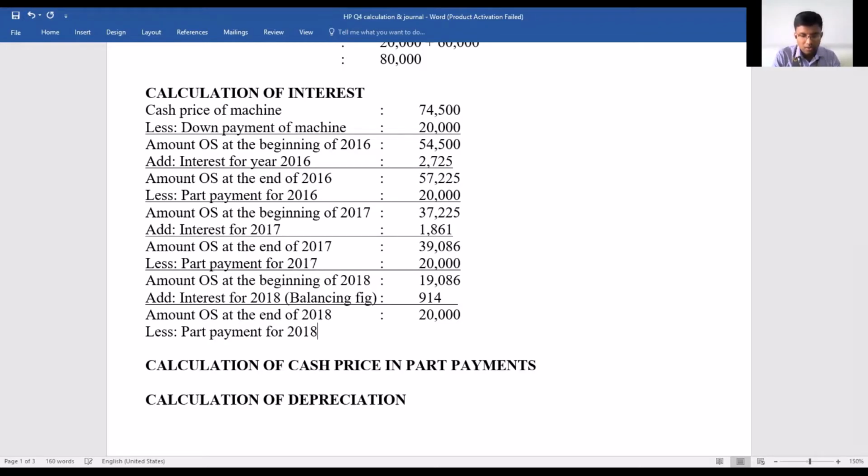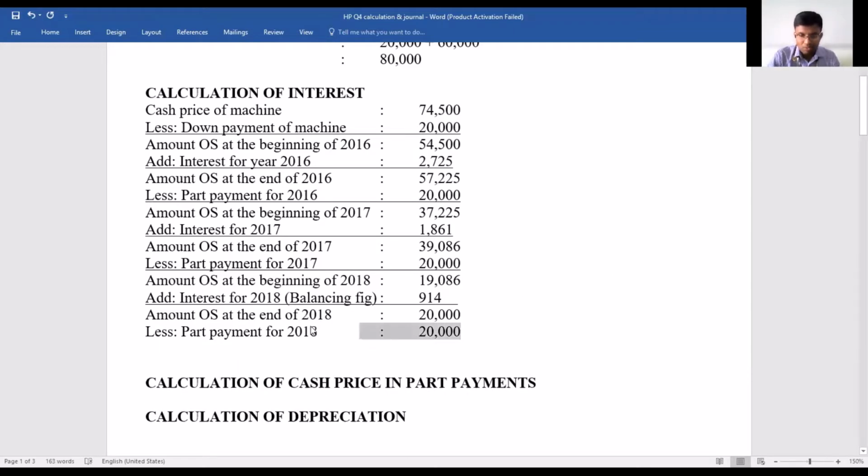This is how it works out. When you consider the part payment for 2018, that works out to be 20,000, and when you make the final part payment, the outstanding amount works out to be 0, and with that you have concluded your deal, and with this part payment the ownership of the product has been transferred.